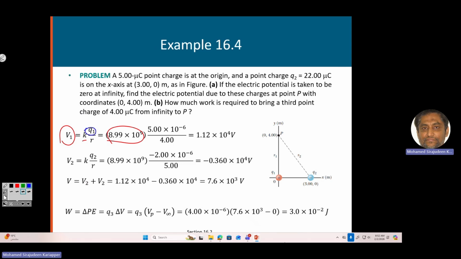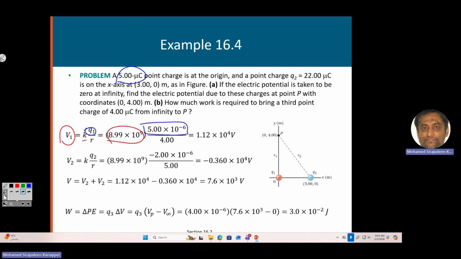Q1, this is very important, okay? Q1 is given somewhere, right? Where? Q1 is positive, so you put plus. You don't have to put the plus.